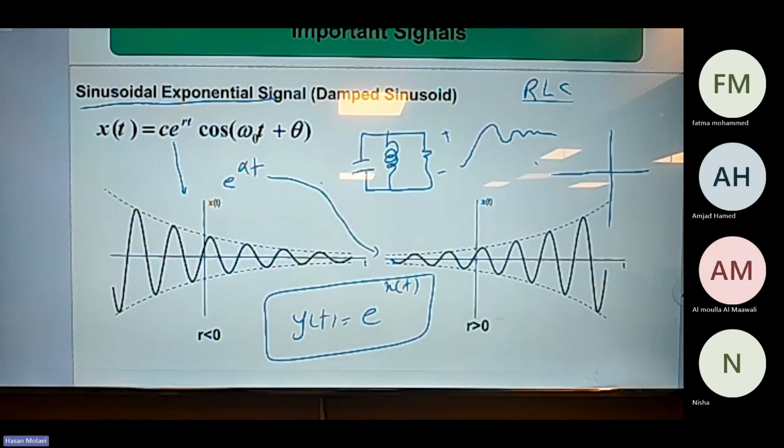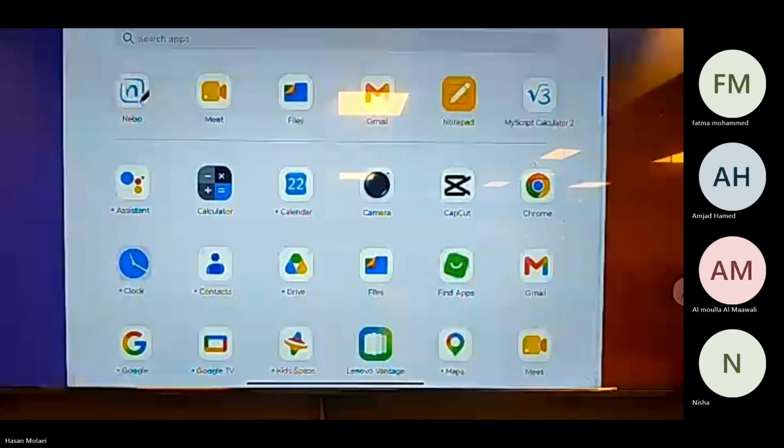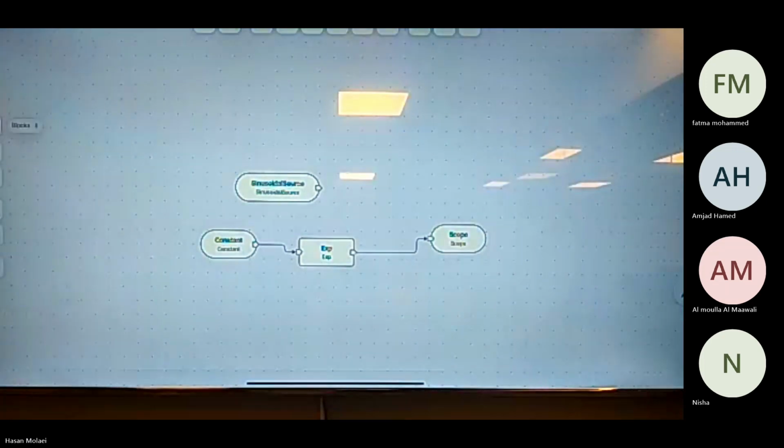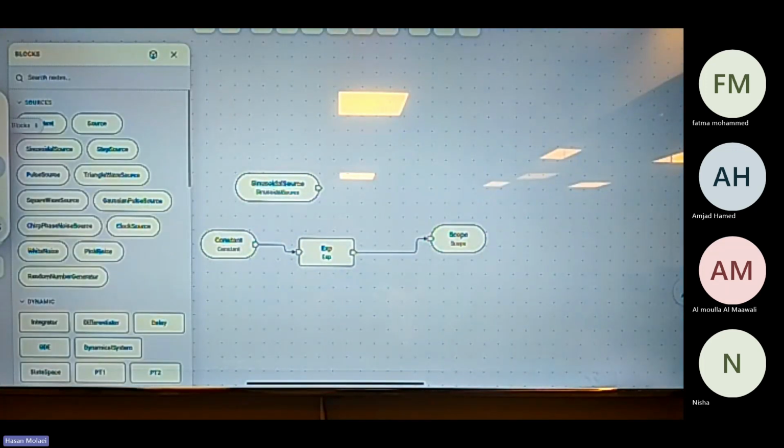If I can produce x(t) like this, x(t) would be equal to t. What do you call this signal? We are looking to generate a ramp signal. But again, it doesn't have a ramp signal block.